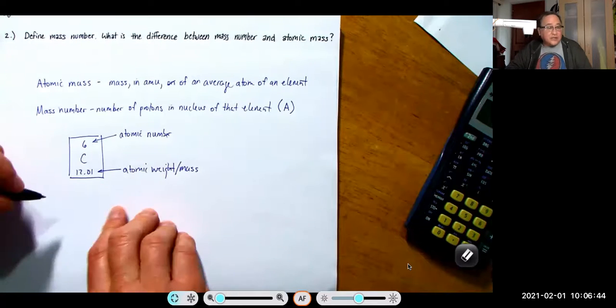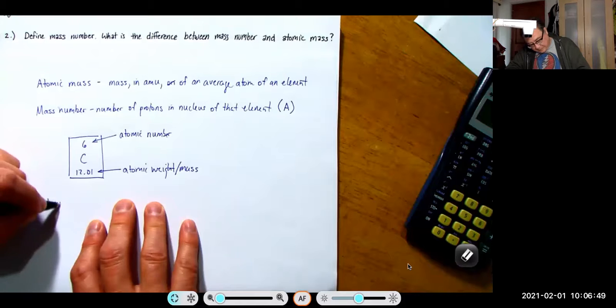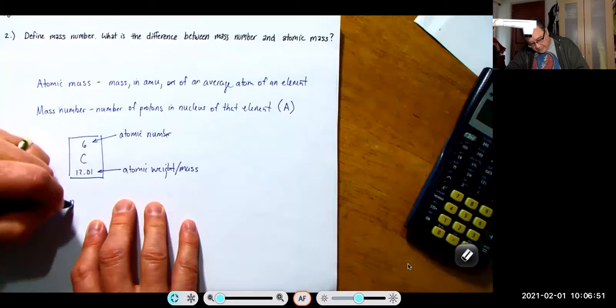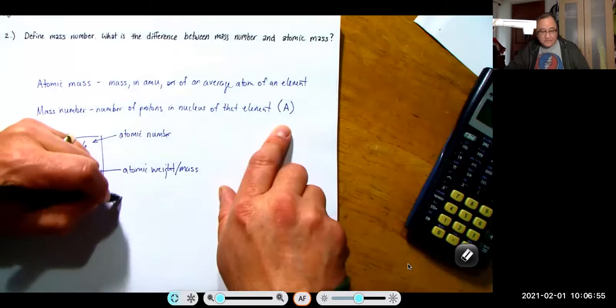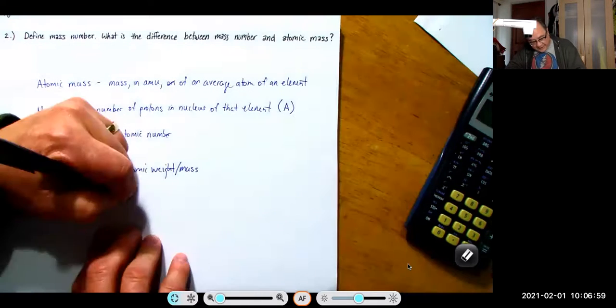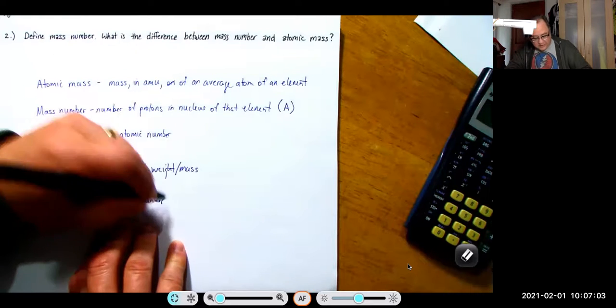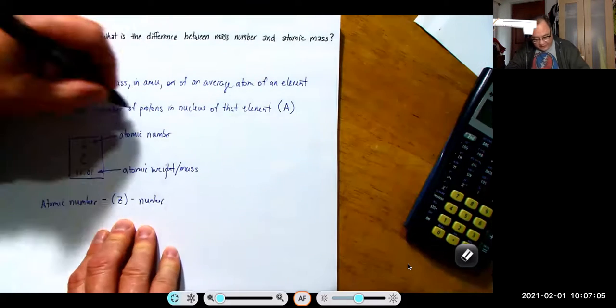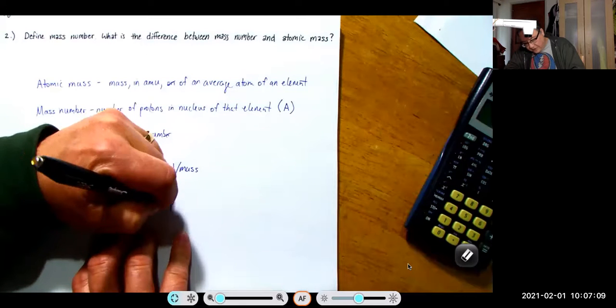Now, let's take a look at atomic number. Atomic number has the symbol Z. This is the number of protons. I'm a little slow today.